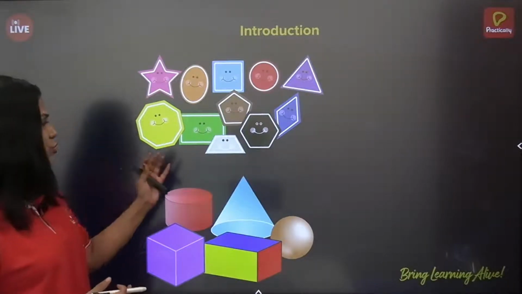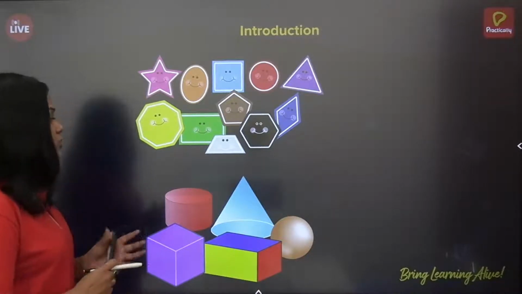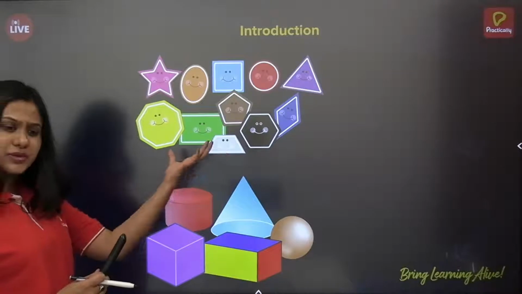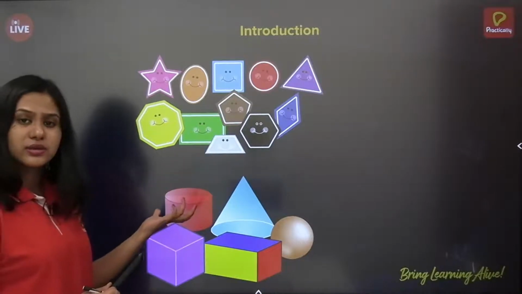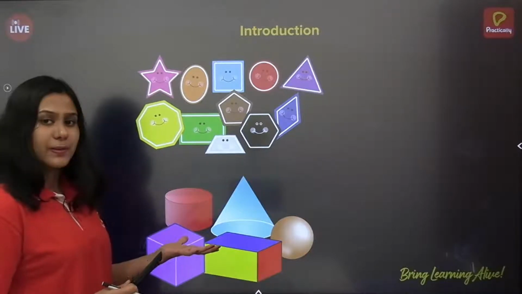So here on the screen, what are you seeing? There are two different sets of pictures, correct? Do you find any difference between these two sets of pictures? Can someone answer it? What's the difference?